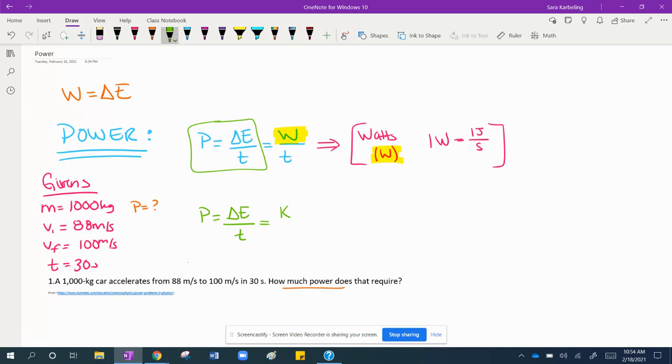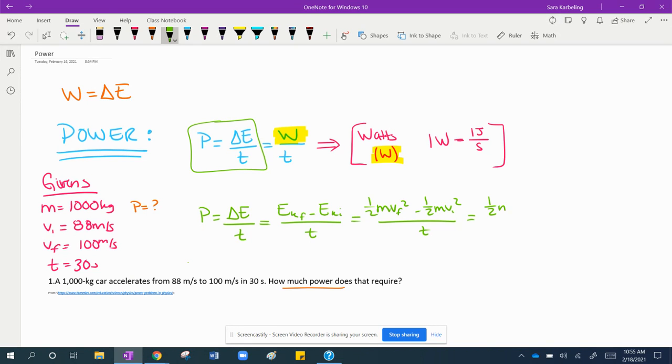So we're really going to say something here like the energy that is kinetic at the end minus the kinetic energy at the beginning divided by time will give us our power. So that's 1/2 m v final squared minus 1/2 m v initial squared divided by time. And you can, if you want, factor out that 1/2.